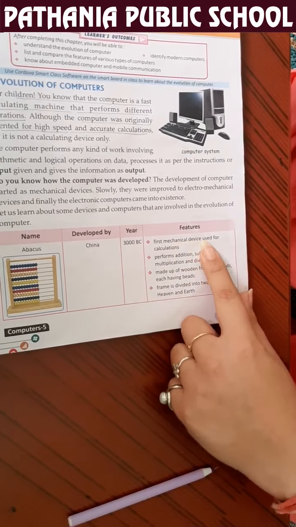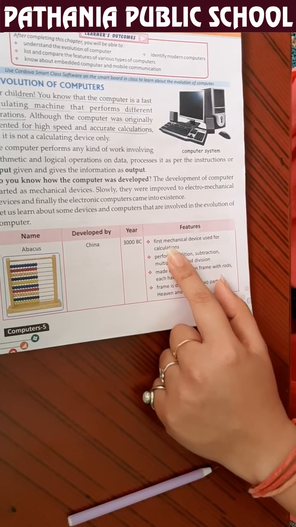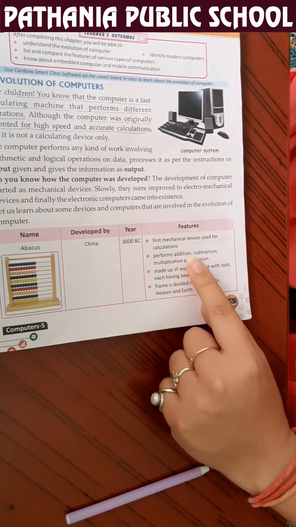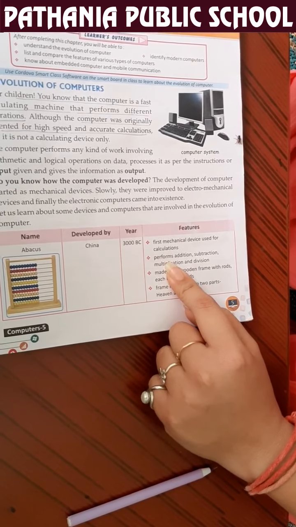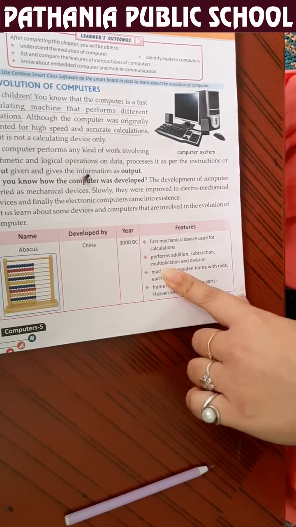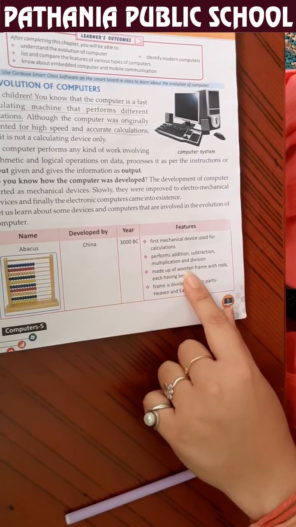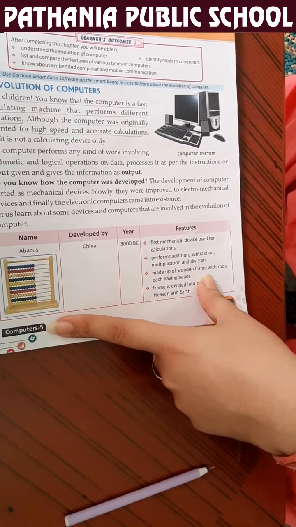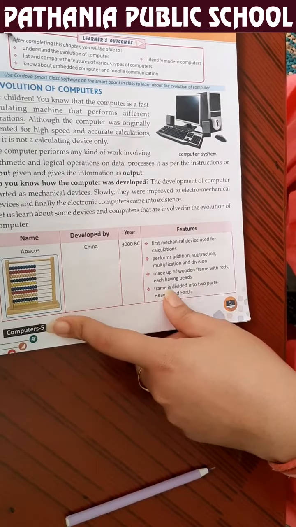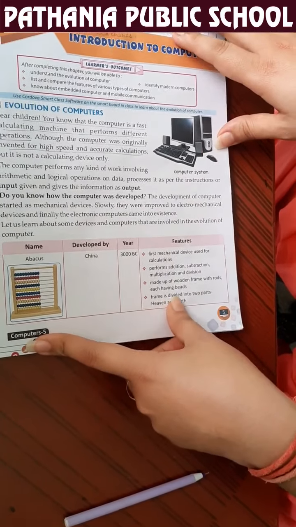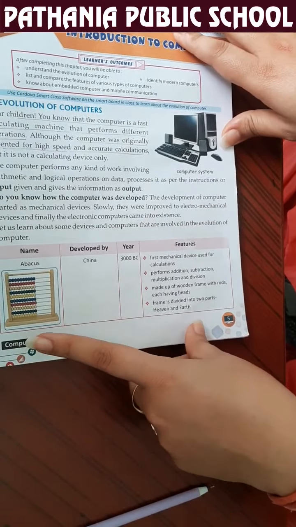It is the first mechanical device which is used for calculations, and it performs addition, subtraction, multiplication and division, which comes under the ALU, arithmetic logical operations. It is made up of a wooden frame with rods, and each rod has some beads. The frame is divided into two parts.